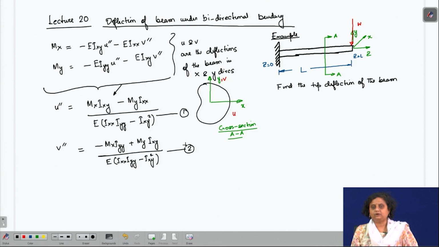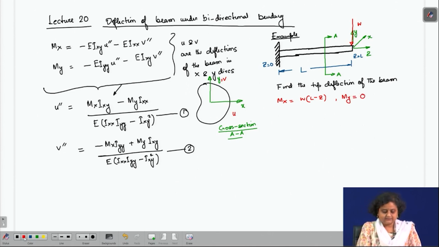We know that for this applied force W, I will have Mx as W into L minus Z, whereas My is going to be equal to 0. So, we can use equation 1.